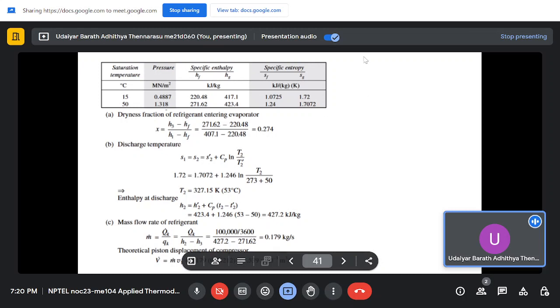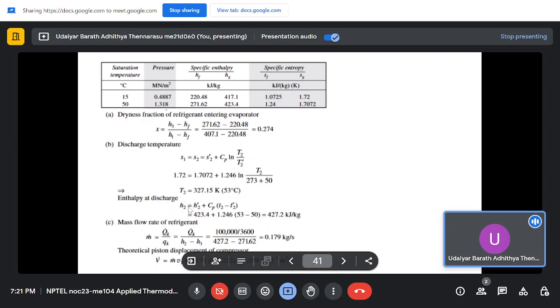We also know the entropy from saturated vapor at 50 to the exit temperature is S2 dash plus Cp ln(T2 by T2 dash). S2 dash is known, the saturated vapor entropy at 50 degrees Celsius is 1.7072, plus Cp, which is 1.246, into ln of T2 by (273 plus 50). We can find out the temperature. This will come out to be 327.15, which is 53 degrees Celsius.